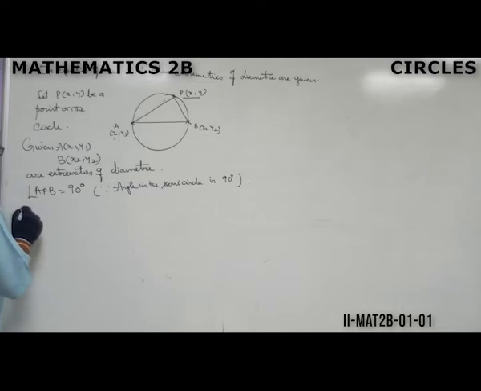So that implies line AP is perpendicular to PB.